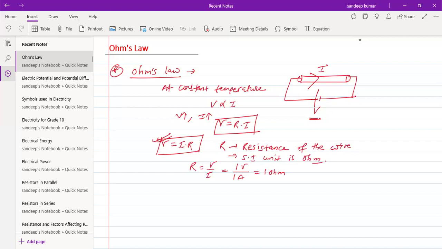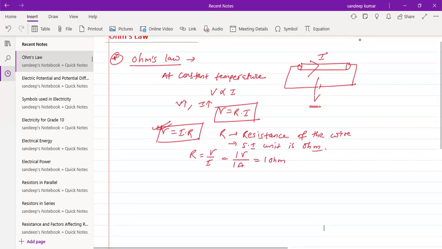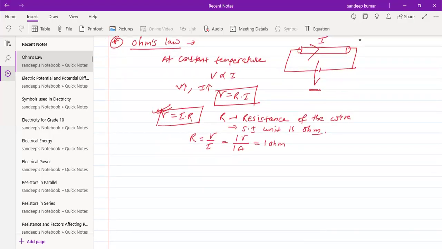We can explain Ohm's law with the help of a graph also. I'm just taking arbitrary readings, children: V, the potential difference, in volt, and current in ampere. Suppose for 5 volt you get 2 ampere, for 10 volt you get 4 ampere, for 20 volt, 8 ampere.